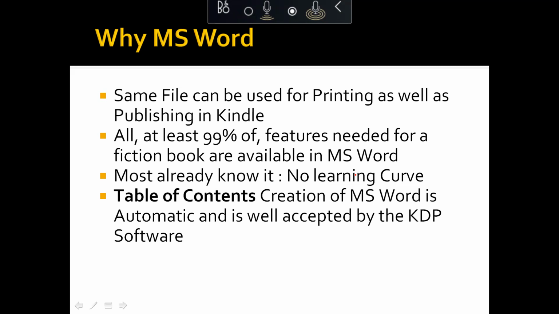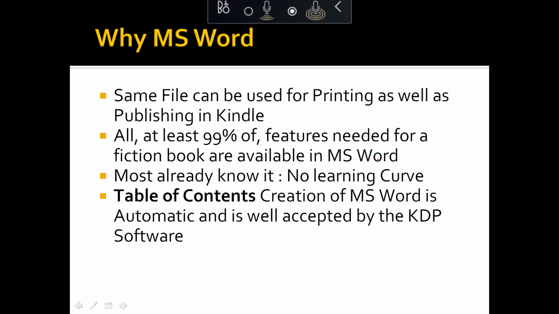So when you use MS Word or any doc format like Write or Google Docs, it is very easy to convert it into an ebook. Whereas if you are using Adobe InDesign, you will get a PDF which will be good for printing, but not that conducive for an ebook.